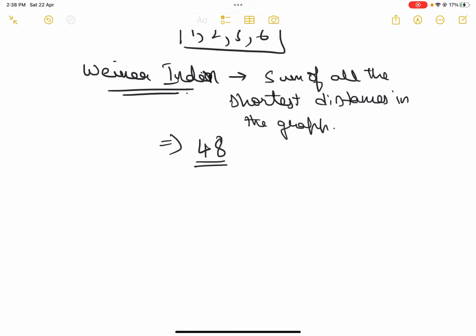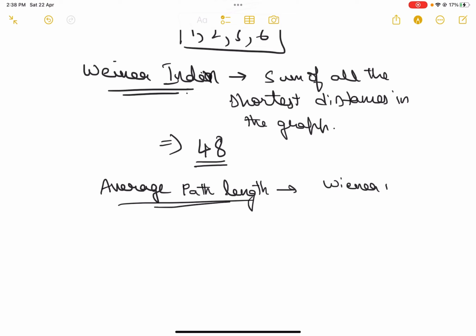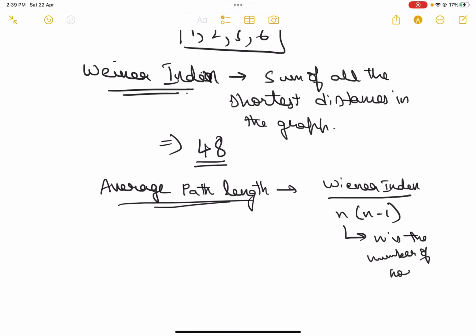And one last concept that we are going to discuss in this video is the average path length. So the formula for average path length is basically Wiener index divided by n into n minus 1, where n is the number of nodes that are there in the graph network.